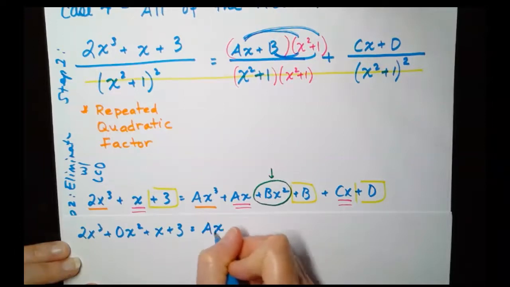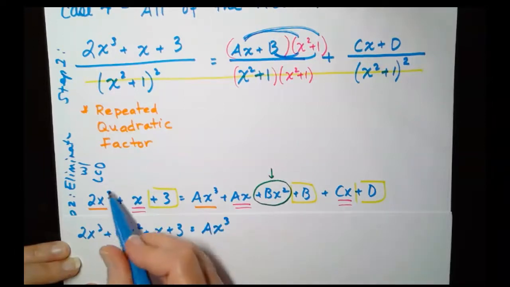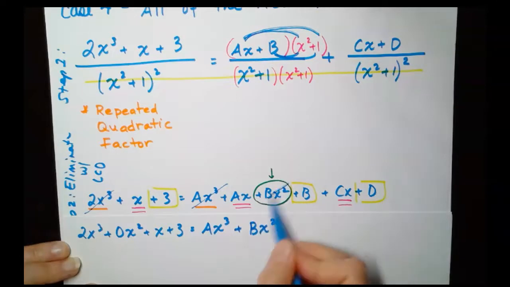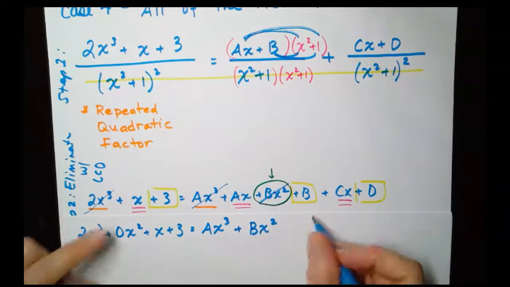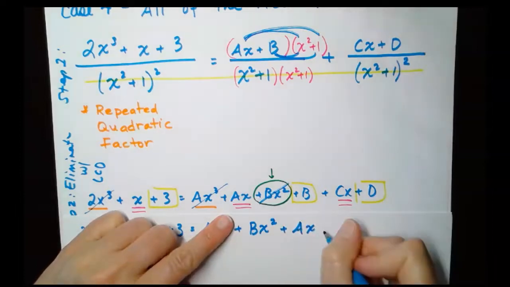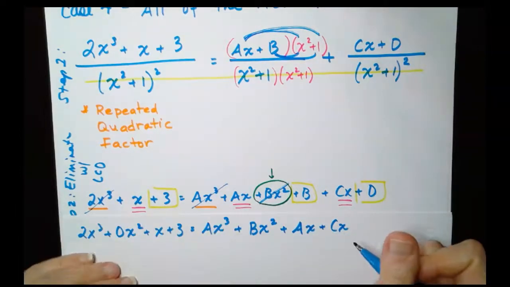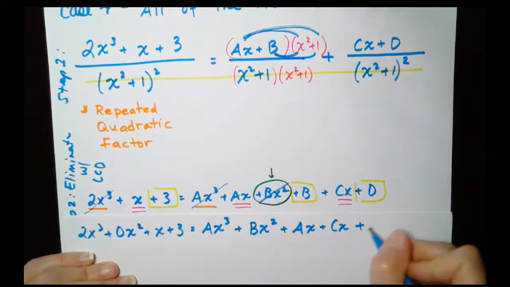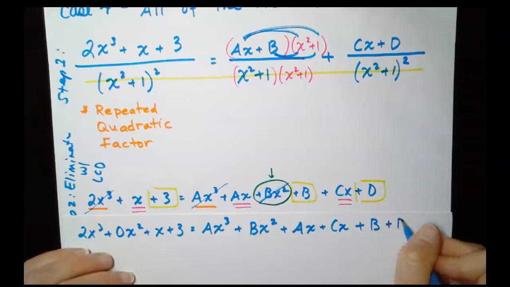So ax³, okay, so those are done. Now let's go to the x². So plus bx², that's done. Now the x's, so it's going to be plus ax plus cx, and now the constant terms. So that is plus b and d.